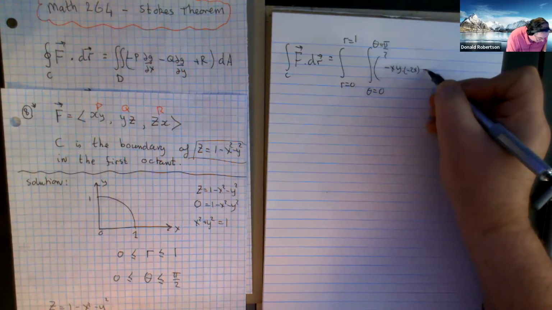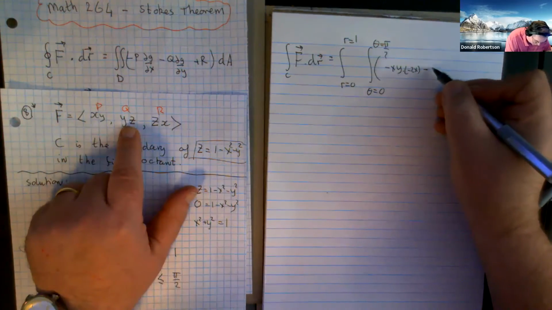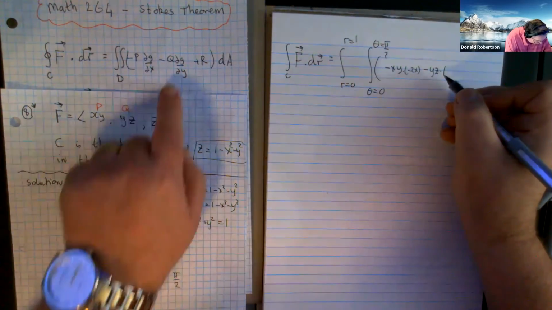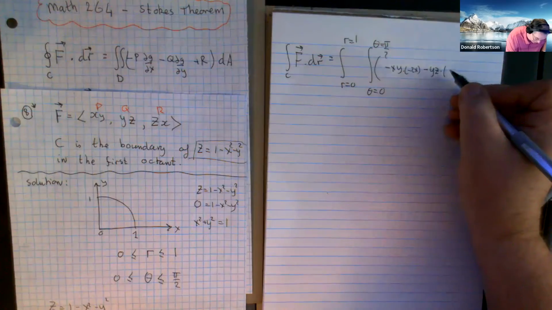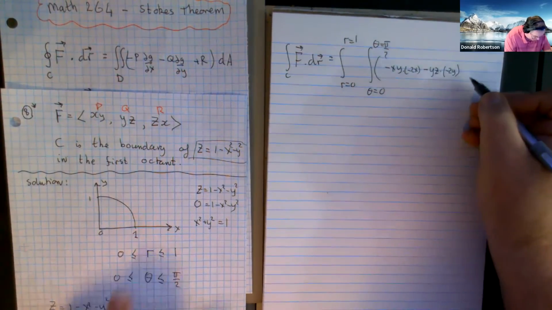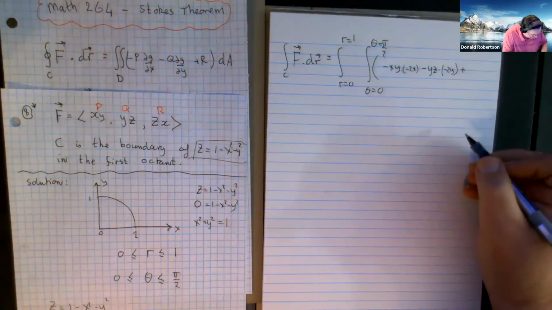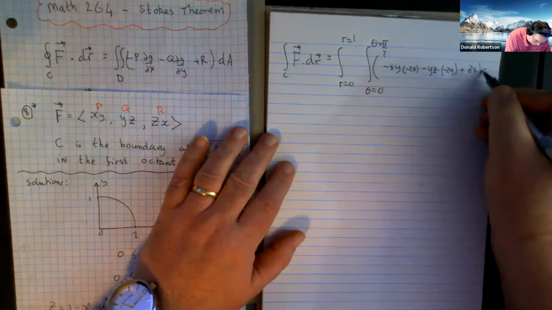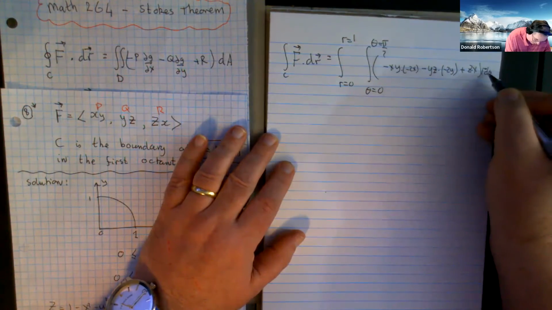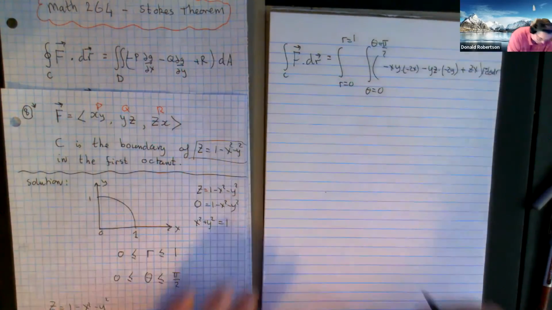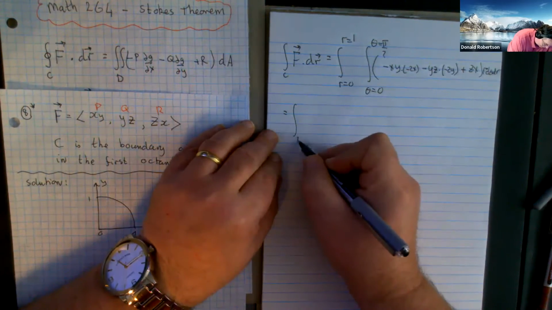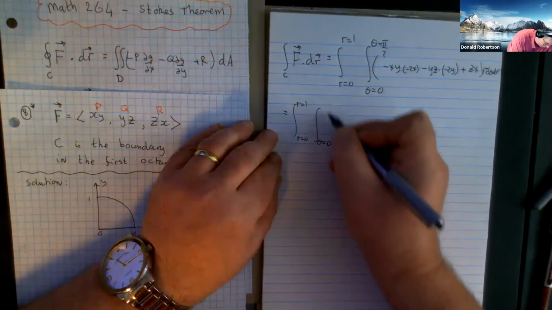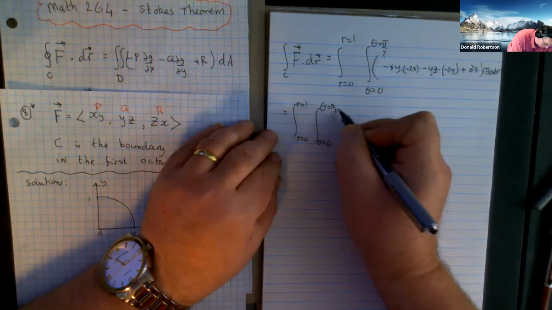Minus q, which is this guy, times dg by dy, which gets me another 2y. Add r, and r is zx. And right now, I'm just going to say r d theta dr. So r is 0 to 1, theta equals 0 to pi upon 2.